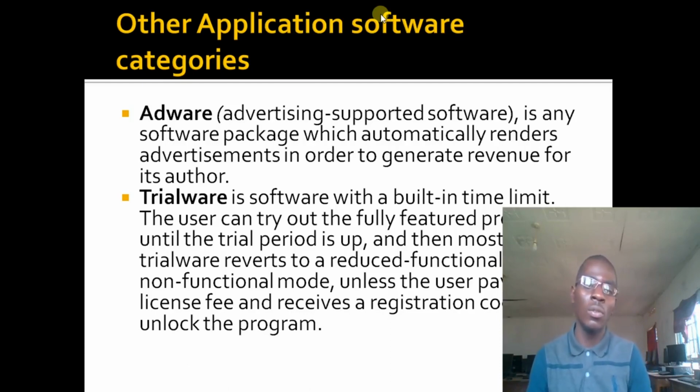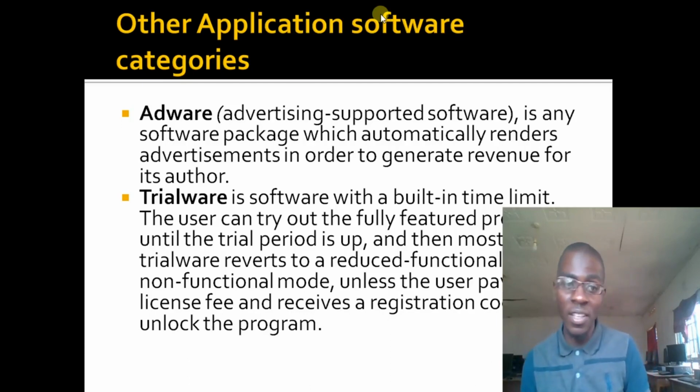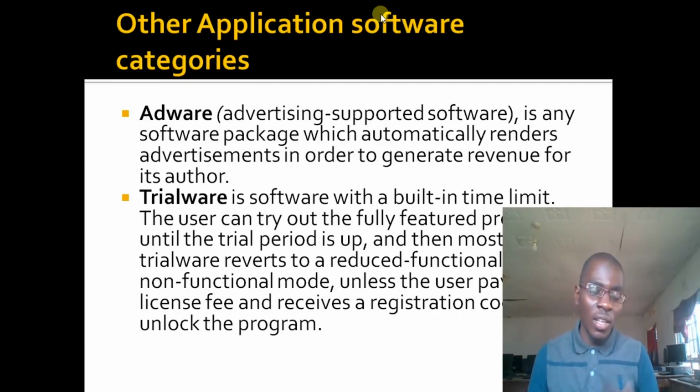So those are called adware. Usually we download software from Google Play for free, use it, but as you're using it, sometimes you'll find that software pops up some ads. So those are adware.